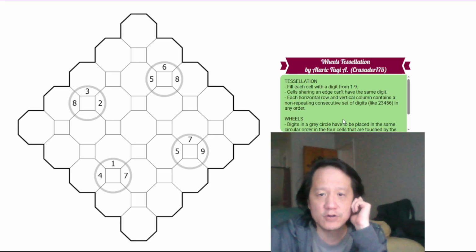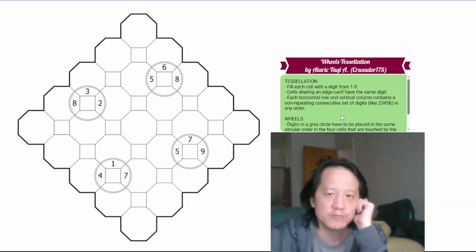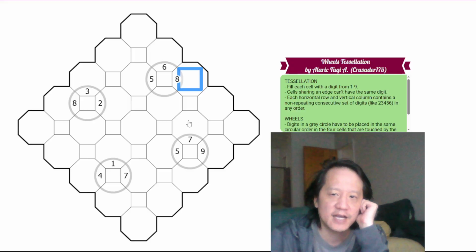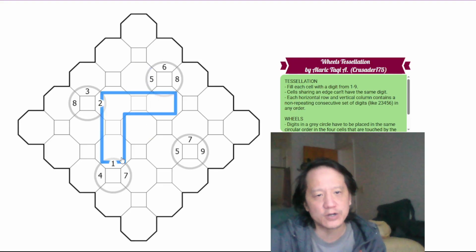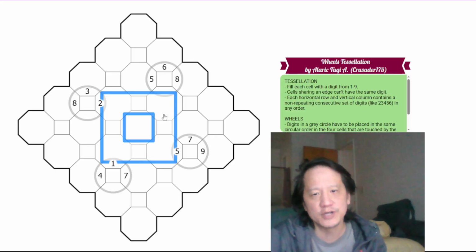And here are the rules. We have tessellation, which means fill each cell with a digit from 1 through 9, and cells sharing an edge can't have the same digit. So whatever digit is in this cell cannot be shared in the 8 cells that share an edge with it.